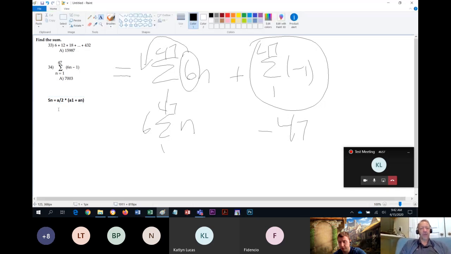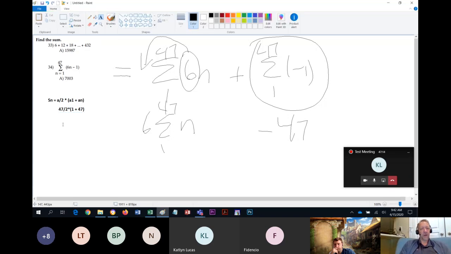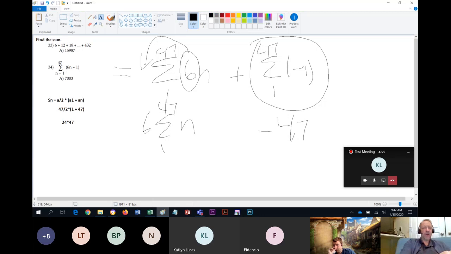So in this case, it's going to be 47 divided by 2 times your first term, which is going to be 1 plus 47. Okay, 1 plus 47 is 48. 48 divided by 2 is 24. So this is going to be 24 times 47, which we can plug in our calculator. So that's this sum here, ignoring the 6.